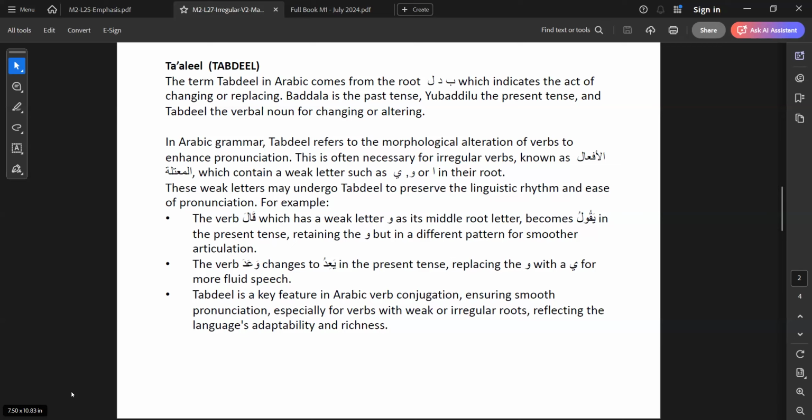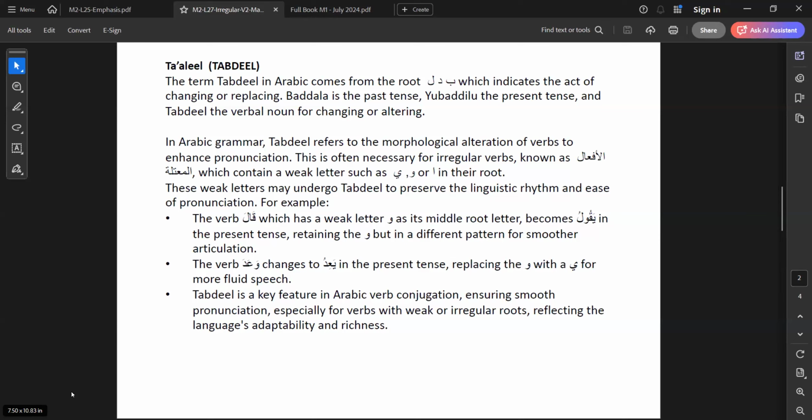M is Mithal, Ajwaf, N. M-A-N-L, Manal. And for Naqis, and then Lafif. It's gone blank. L for Lafif. So, Brother Juma, good attempt, well done.